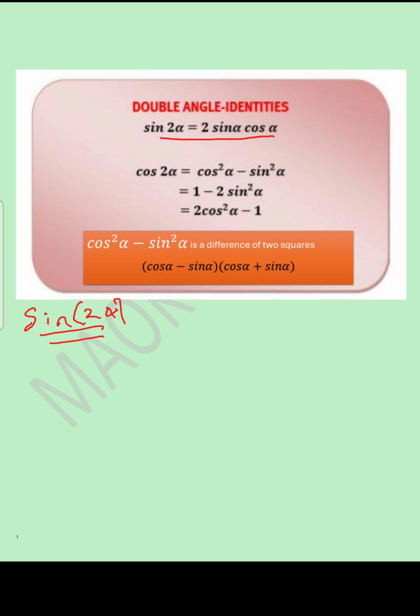So actually, it comes from the compound angle identities. So we say sine of compound angle identities, we say first angle plus the second angle. So in this case it is sine of alpha plus the second angle, which is alpha again, so that it forms 2 alpha.